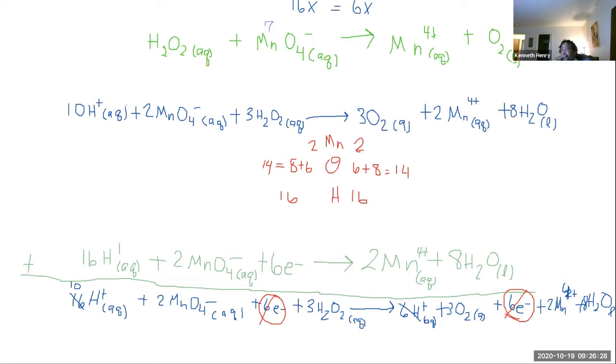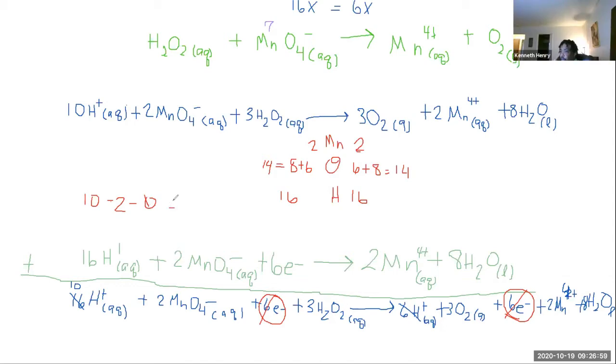Okay, what about our charges? So we have 10 plus, and then what is the charge on the permanganate ion? Minus 2. And then on the peroxide? 0.